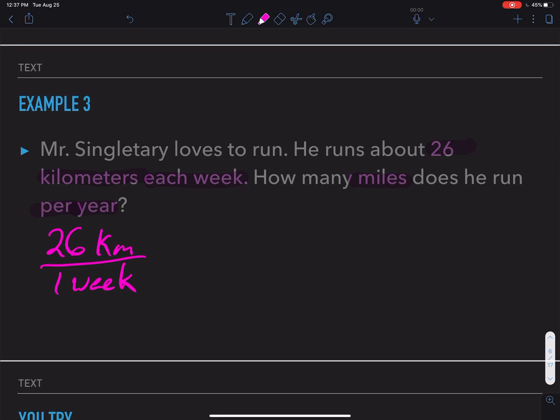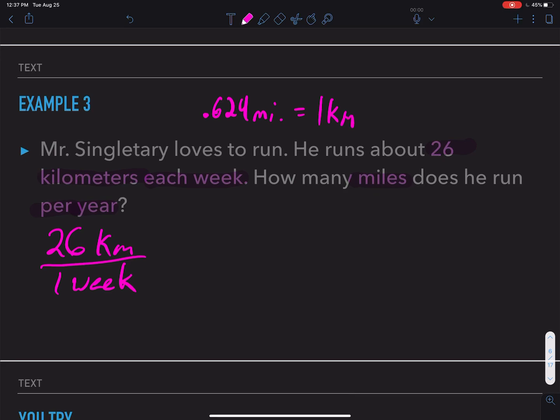So I need to change kilometers to miles so that I get miles on the top, and I need to change week to years. Now you're not expected to know this, but there are 0.624 miles in 1 kilometer.